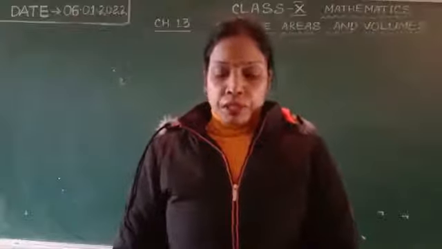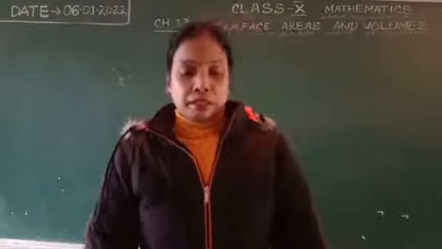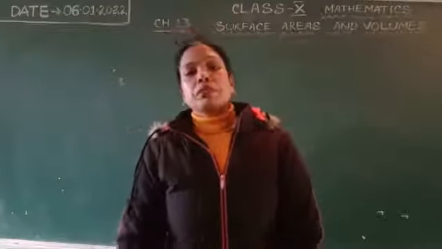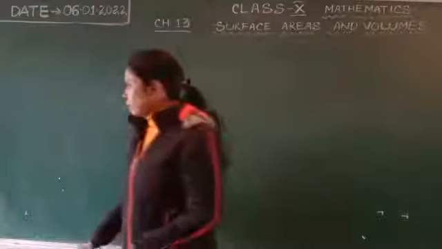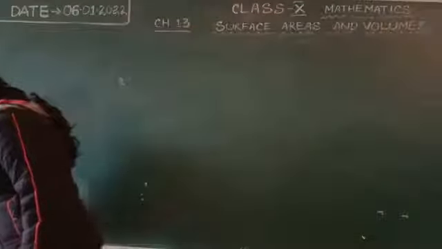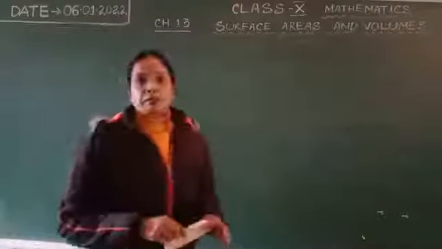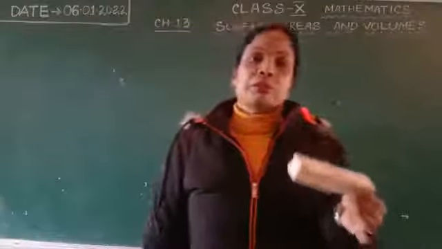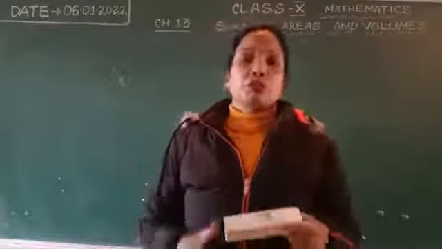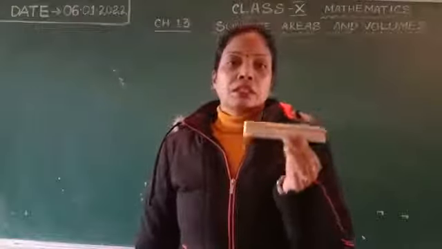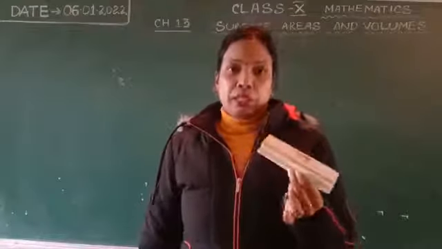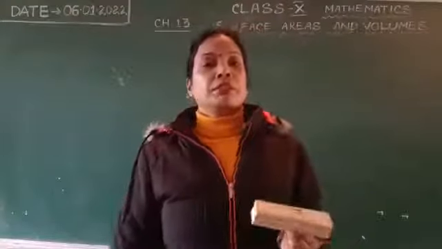Okay. So first of all, we start with the shape of a cuboid. I think all of you know which type of solid the cuboid is. This is the example for a cuboid. So how many faces does a cuboid have?